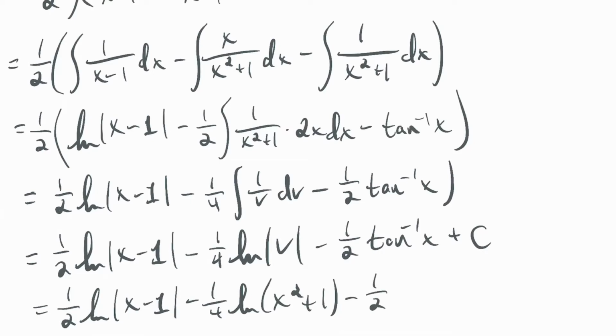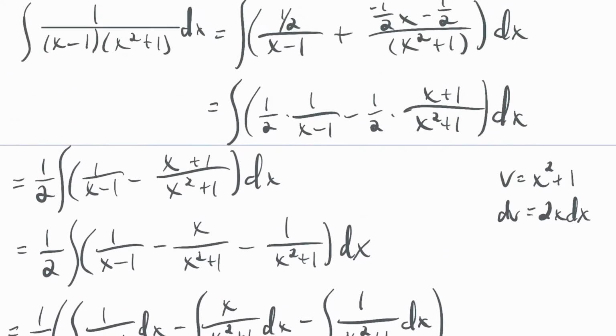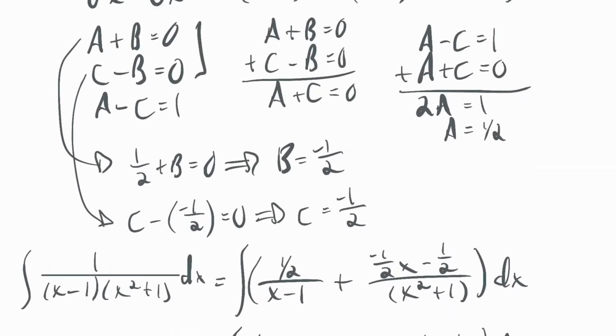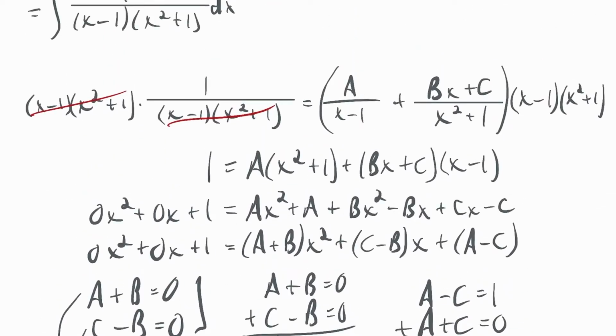Minus 1/2 tangent inverse of x plus c. And there we go. Quite a few steps, but the one we started with was kind of complicated. And one of the factors was quadratic, which makes things a little bit more complicated when we do the decomposition, because the numerator of one of them ends up being linear rather than just a number. And that does complicate things.